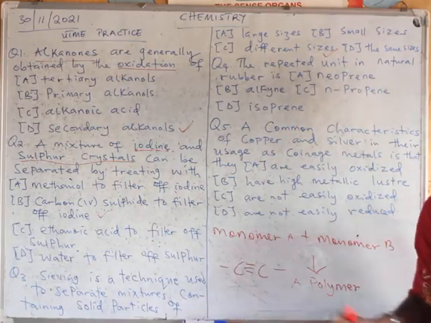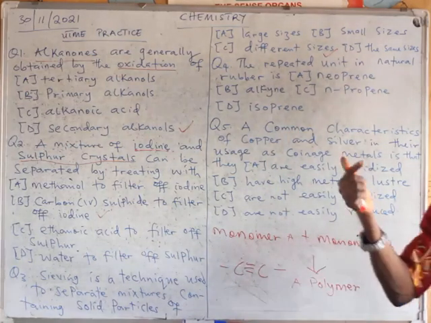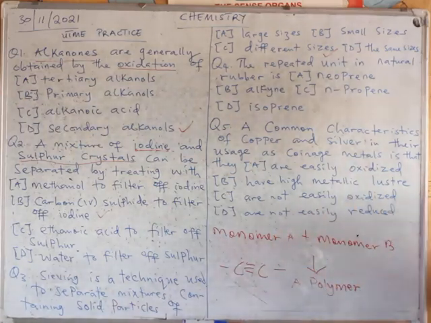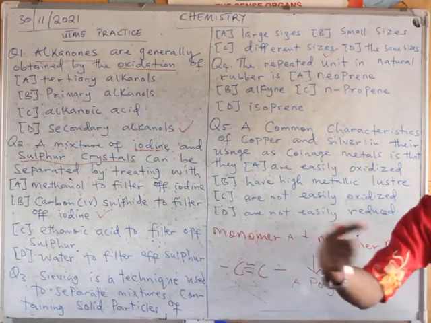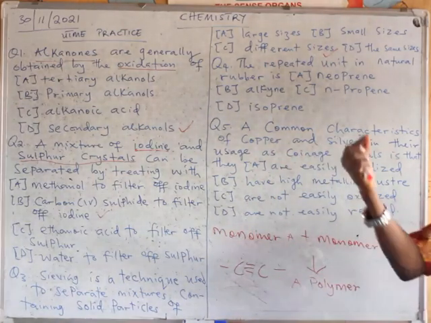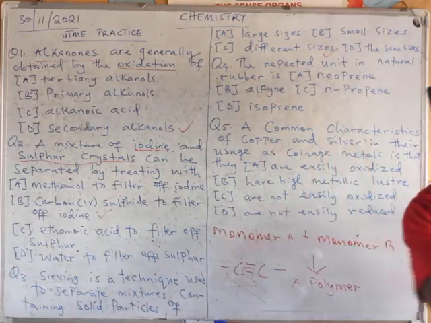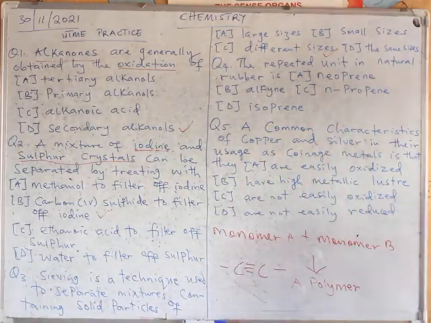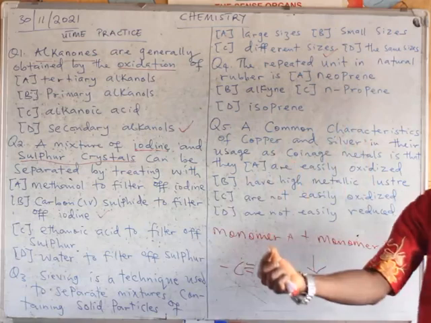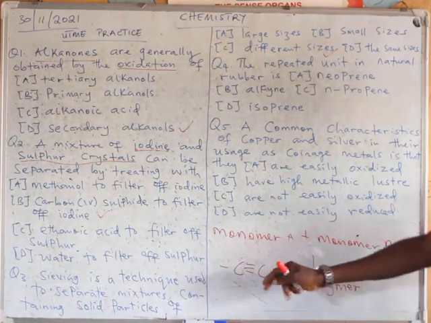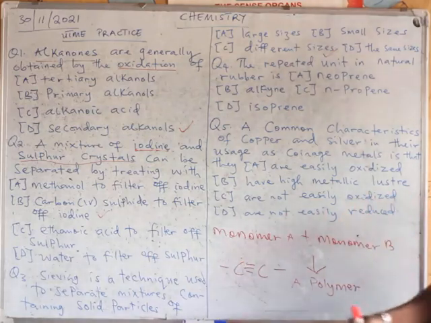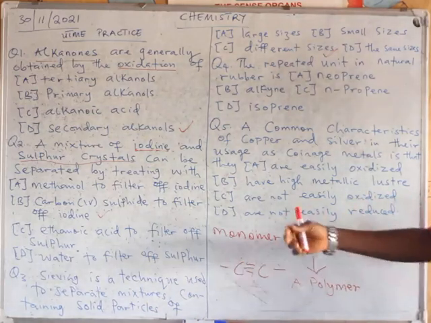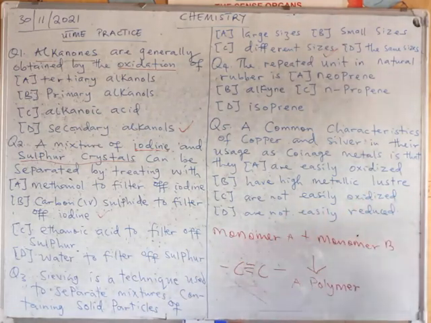Are we there? So, for a monomer to be qualified to be a repeated unit, in order to connect with other monomers, it must have an optimal degree of unsaturation. Are we together? Optimal degree of what? Unsaturation. So, alkyne doesn't have that. So in that case, it cannot serve as a repeated unit.